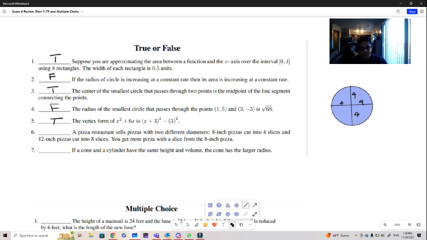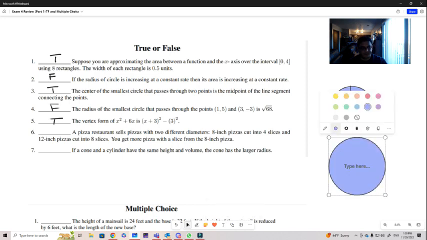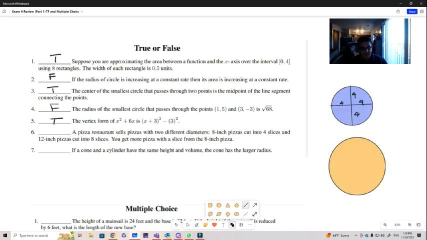Now the 12 inches is going to be a larger pizza. It's going to be something like this. And on the 12 inches pizza, we're going to divide that by 8 instead. So we have a situation like this.